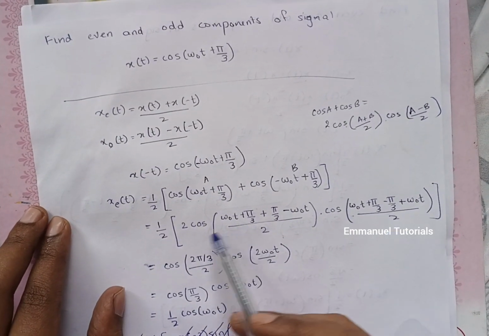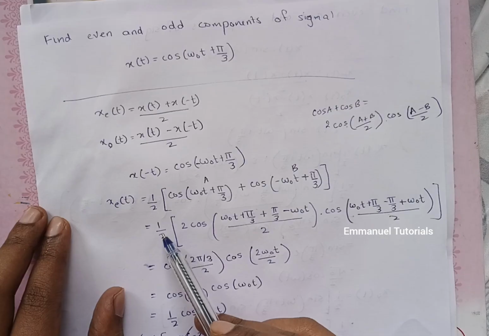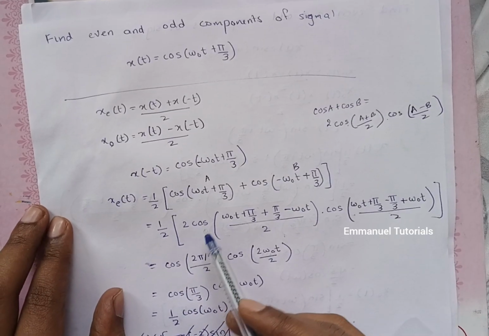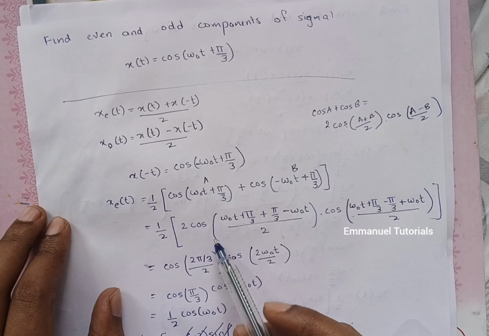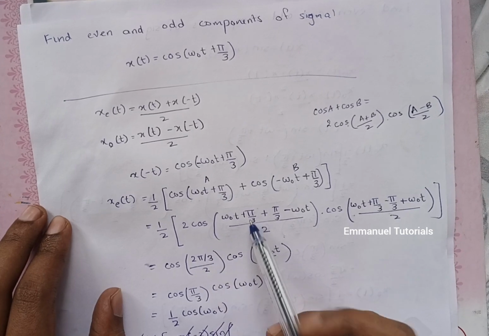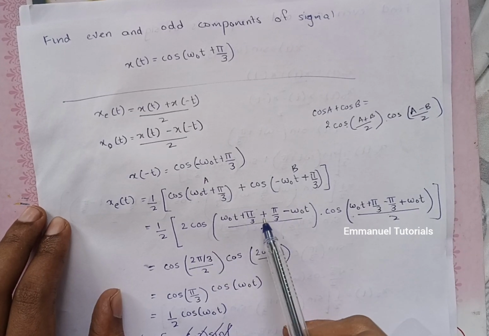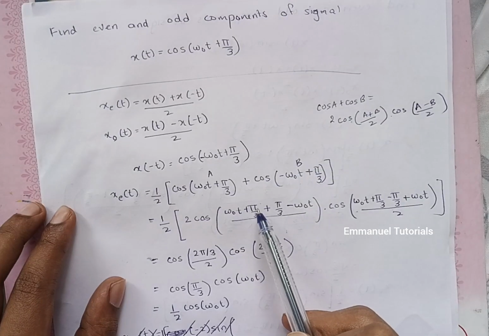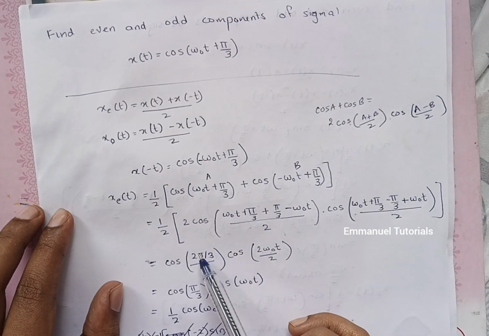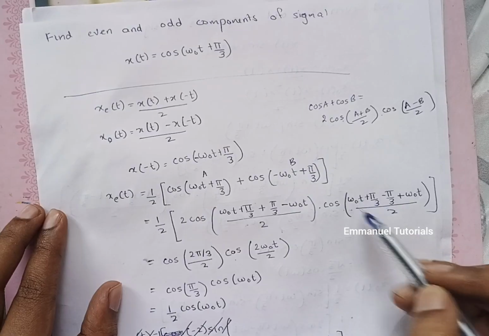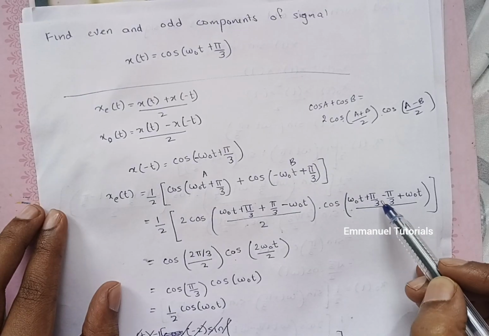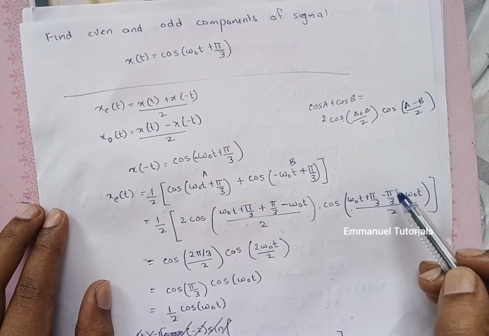Now if you see here, this half and this 2 will get cancelled, and what we remain with is cos 2 pi by 3, because omega naught t and minus omega naught t will get cancelled. It will be cos of 2 pi by 3 multiplied by cos of 2 omega naught t by 2, because pi by 3 will get cancelled.